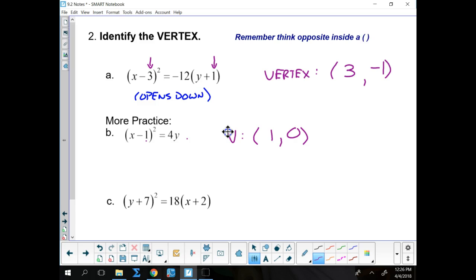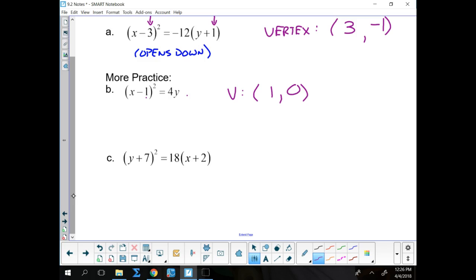Okay. C. Up, down, left, right for my opening. Right? Because the y is squared now, so that's left or right. 4p is positive, so that leaves me with right. Okay? Vertex. -2, comma, -7. Okay?